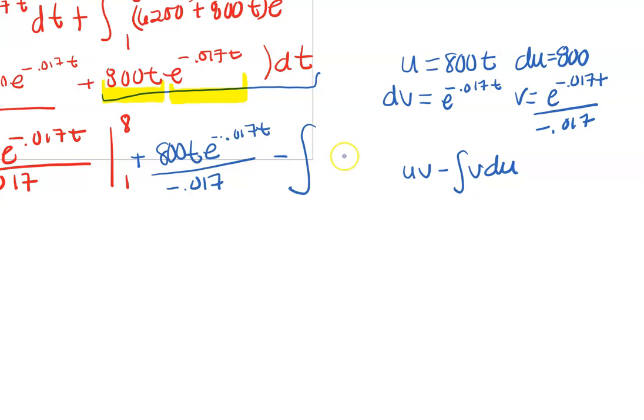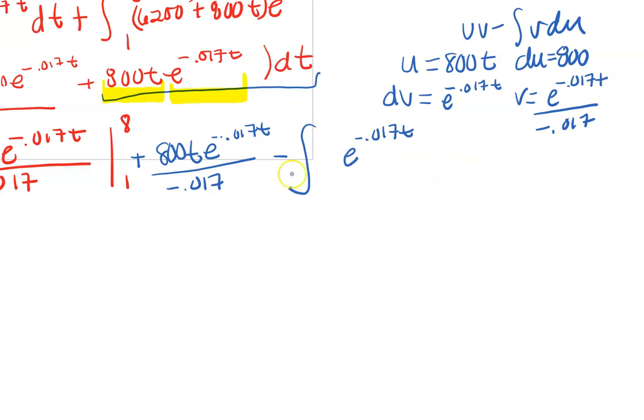Now with v, I'm going to go ahead and write the negative 0.017 t. Let me go ahead and move up that formula here so we have some space. I'm going to put that divided by negative 0.017 out front there as a coefficient. And then du is 800. And so that gives me this value. And so I'm going to put these two negatives together to give me plus and leave that coefficient out front.